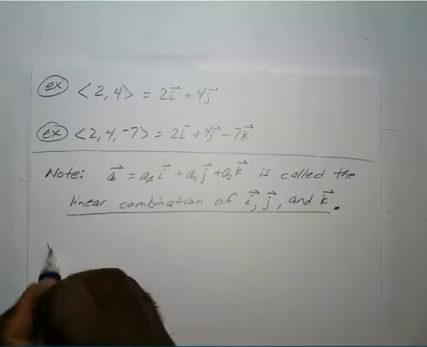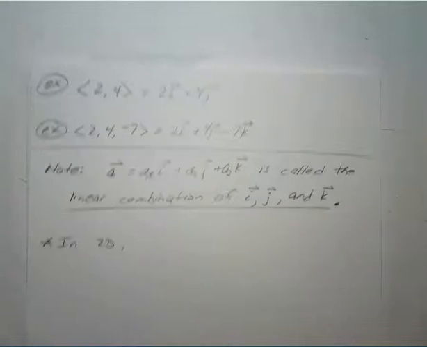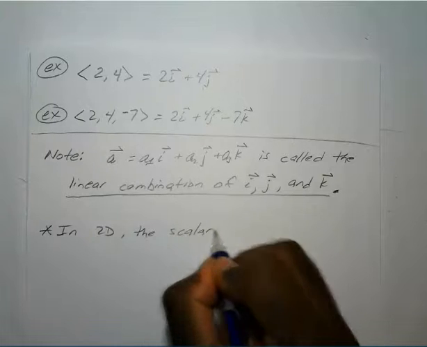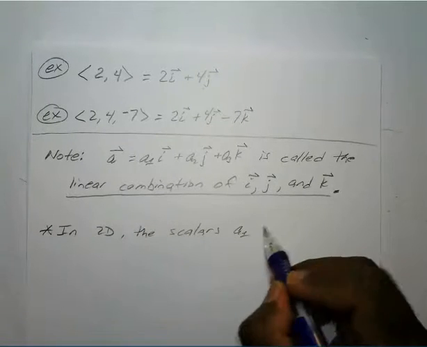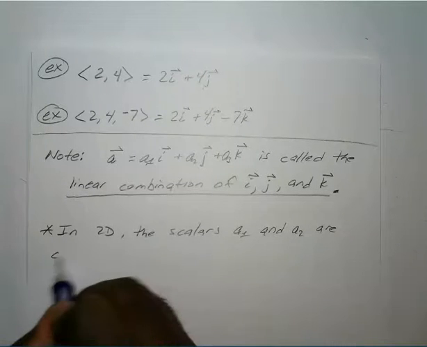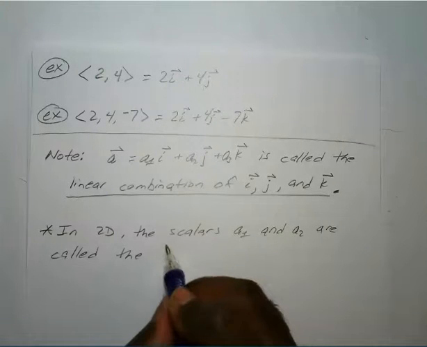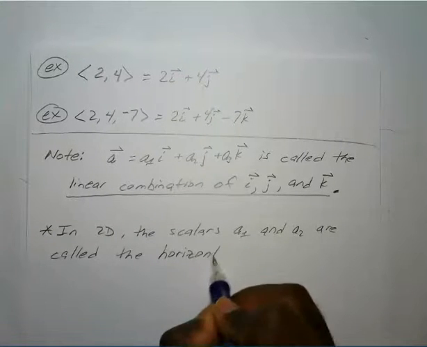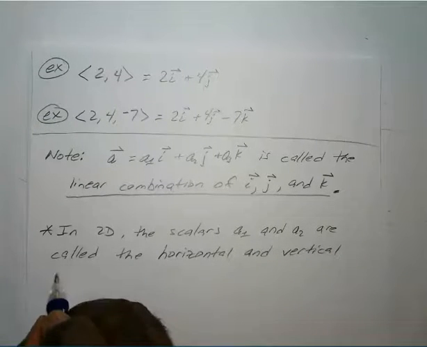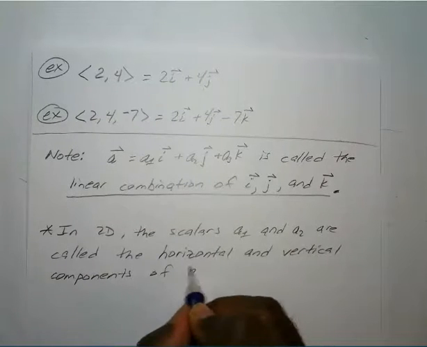Now in 2 dimensions, the scalars, component number 1 and component number 2, are called the horizontal and vertical components of A, or the A vector.